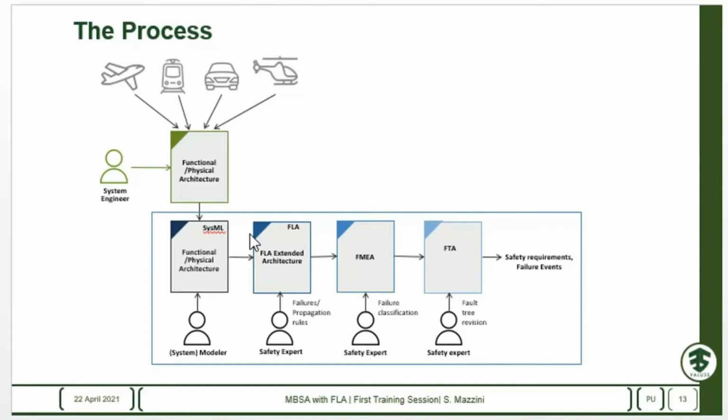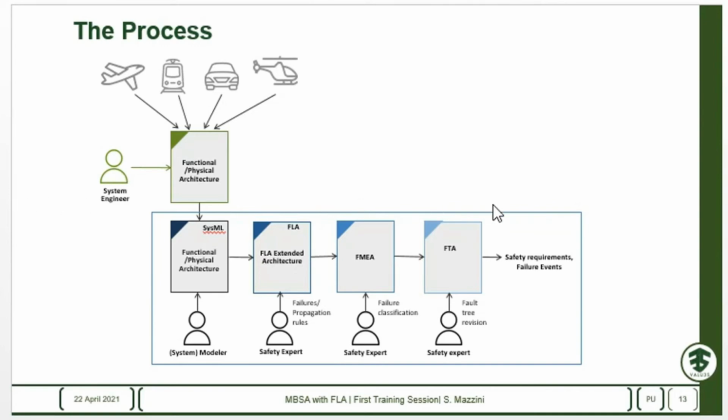My name is Silvia Mazzini. I'm from Intecs. I will present this methodology that is model-based safety analysis with failure logic analysis. That is one of the analyses that is described in deliverable 3.1 under the name model-based safety analysis.